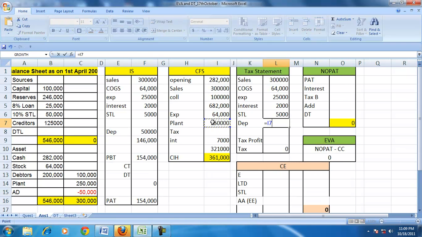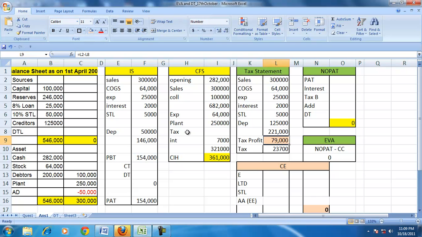Since we are purchasing for the first time, the cost will become the base for determination of depreciation. So the total expenses for taxation is 221,000. So the taxable profit is 300 minus 221, that is 79.